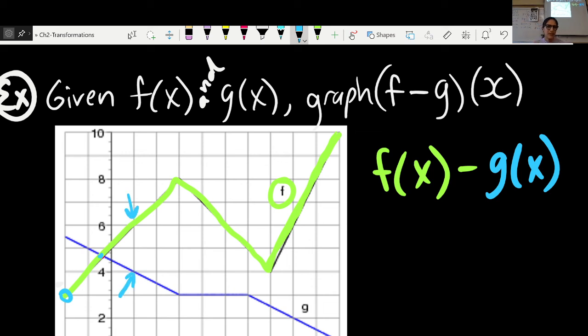What do I get when I subtract f of x minus g of x there? Do you see it'd be 6 minus 4? So I'd get a value at 2. Do you get the process or the idea of where I'm getting this from? This is why the colors help me. We just have to remember to choose the green one first, right?